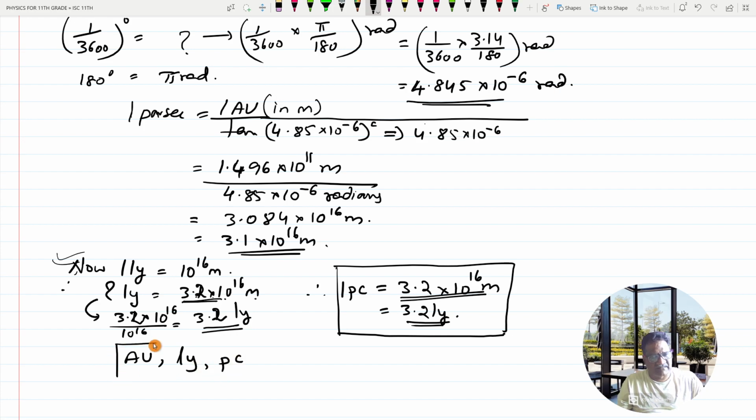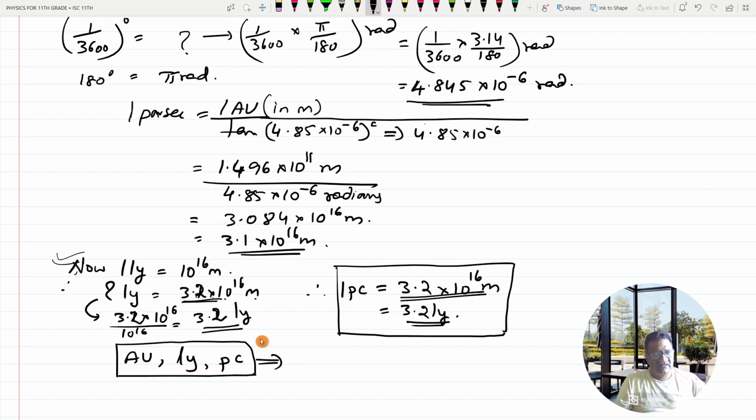These three are the bigger units of distance, and these units are used for measuring astronomical objects, that is the stars and the planets, the distance between the stars, the distance between the planets. For these purposes, these units are used.